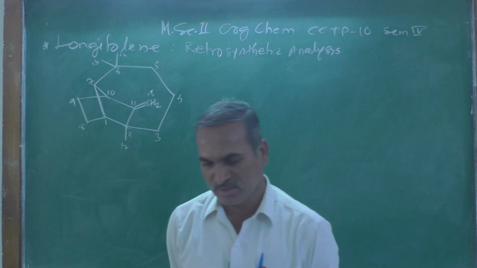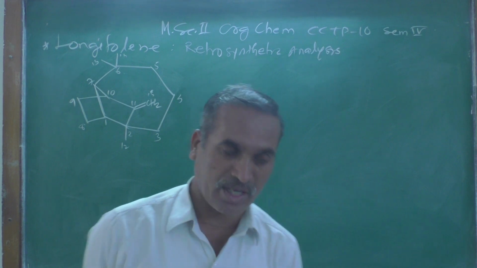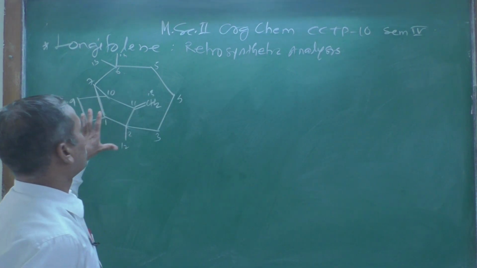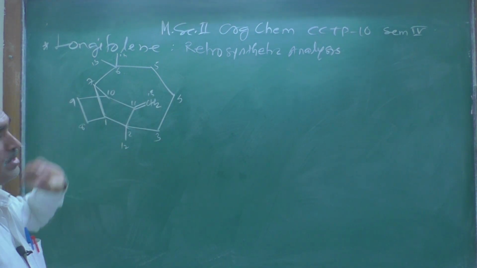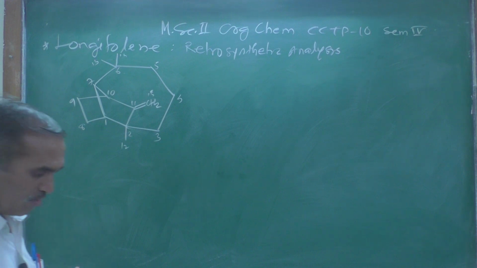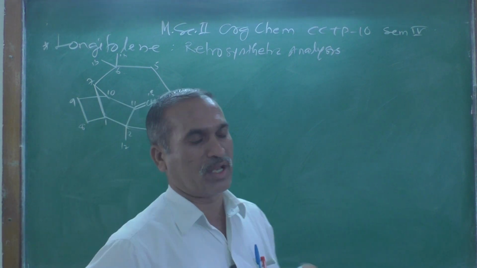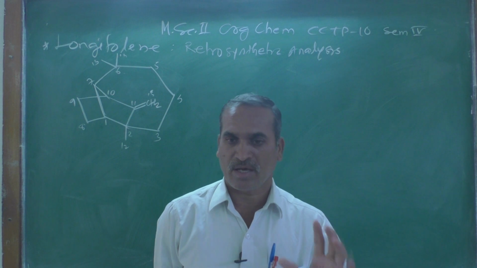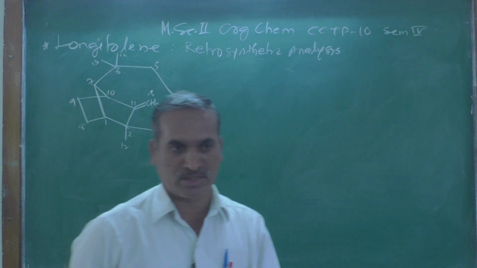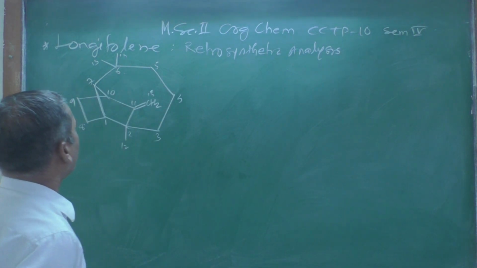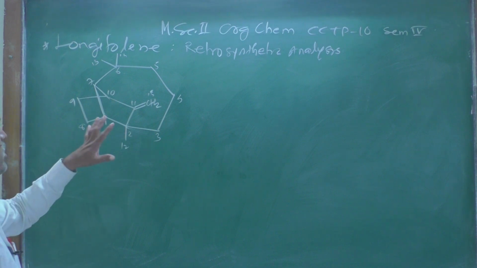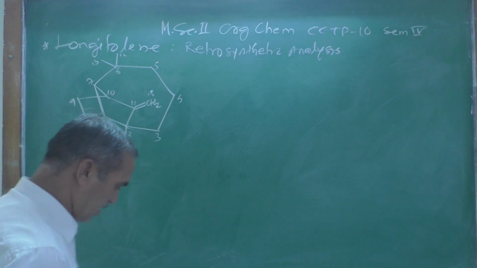As we know, there are 3 cycles, meaning it is tricyclic, and it is a hydrocarbon. Hydrocarbon means what? An organic compound made of carbon and hydrogen only is known as a hydrocarbon. And how many chiral centers are present here?